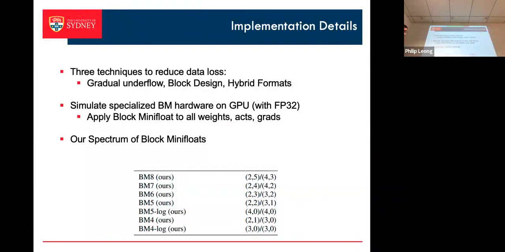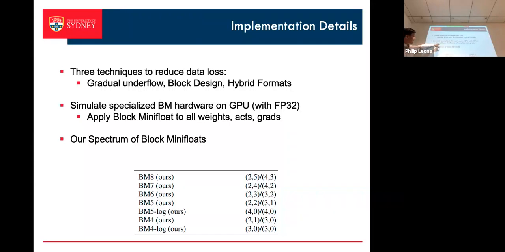Because of the use of the Kulisch accumulator, we can simulate this block Minifloat hardware on a GPU using FP32 numbers, and we can be sure that it gives us the same result as our block Minifloat numbers.